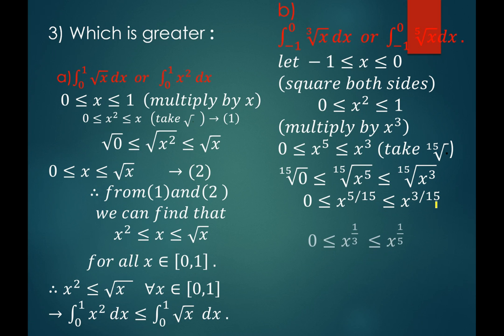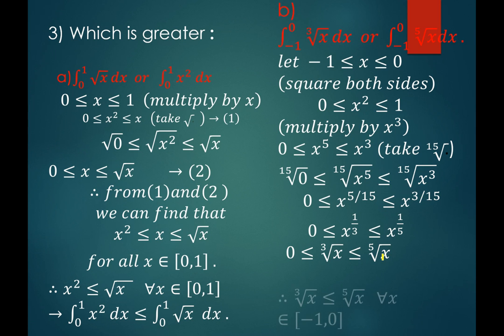And if you cancel these powers, you will get finally x to the power of 1/3 smaller than or equal to x to the power of 1/5, which can be written in that way. The cube root of x is smaller than or equal to the fifth root of x. Now we get the point. That means if a function is smaller than another, its area is smaller than the other.